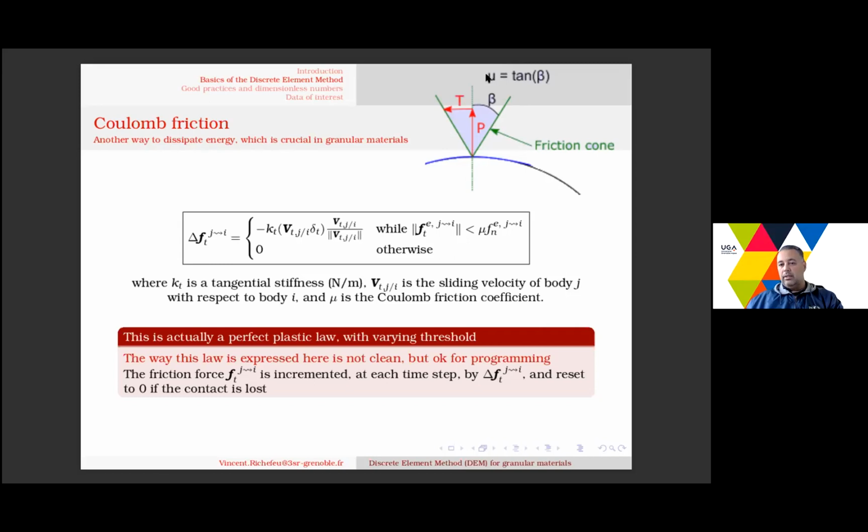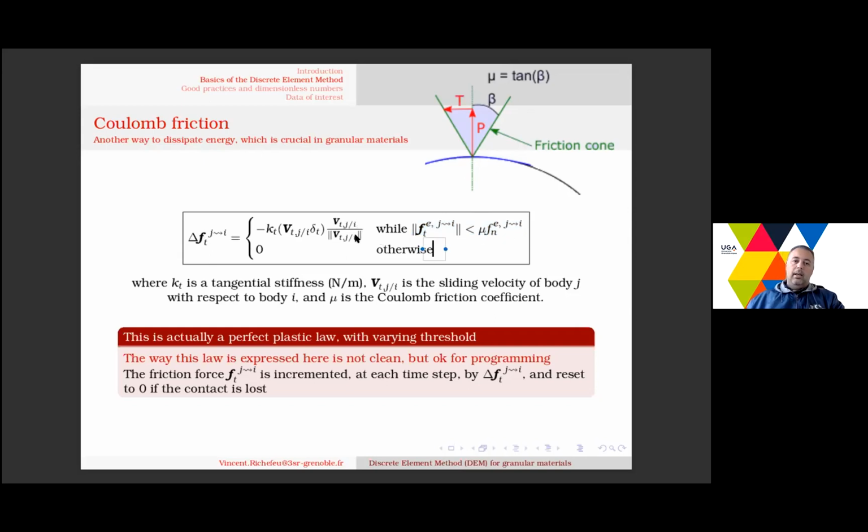So generally we use that coefficient. It means that the tangential force cannot be more than something which depends on the normal force. Okay, so if we are here, the tangential force cannot be more than this. If we are here, I hope you see my arrow, the tangential force cannot be more than this. Okay, Coulomb friction coefficient. So we will say that the tangential force will be elastic as long as it is less than mu Fn.